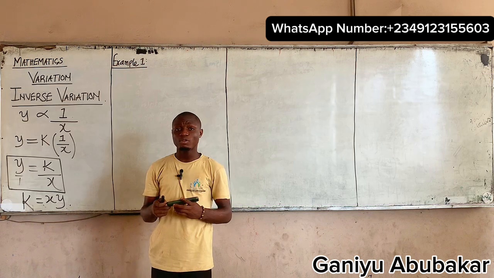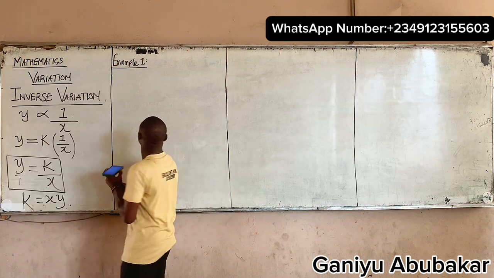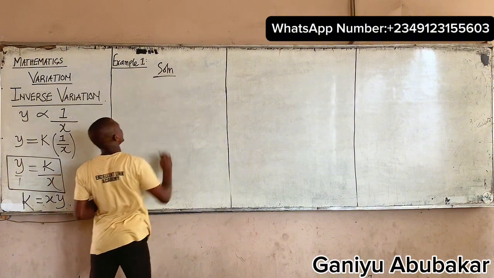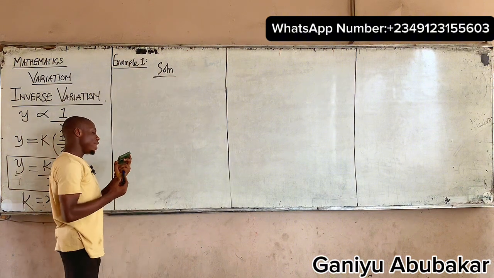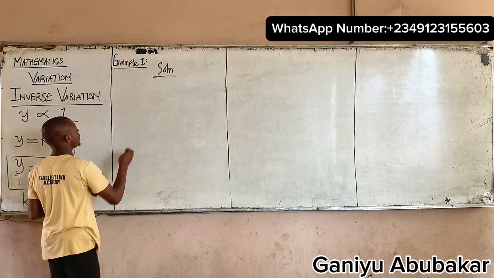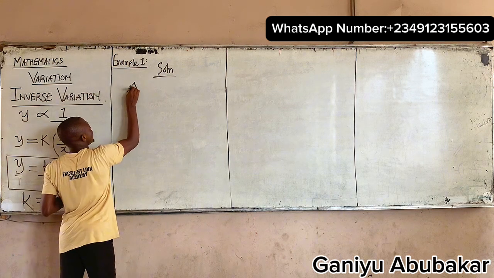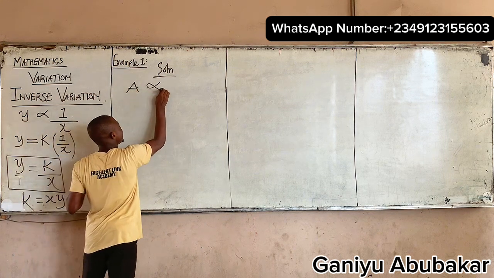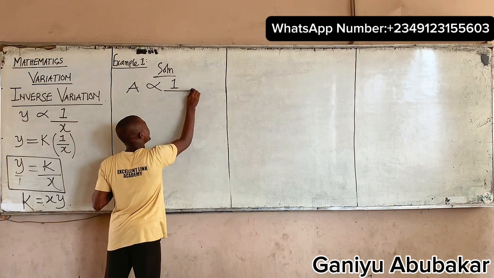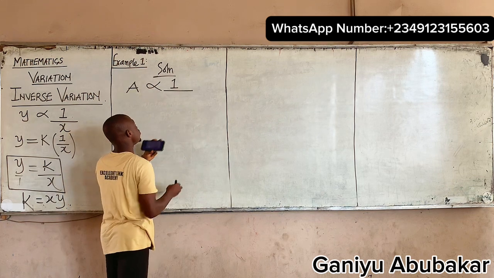How do you solve this problem? Solution to this problem. They tell us that A varies inversely as 2 over d. So I'm given A varies inversely. Inversely, you have to put 1 first over that thing you are given, which is 2 over d.